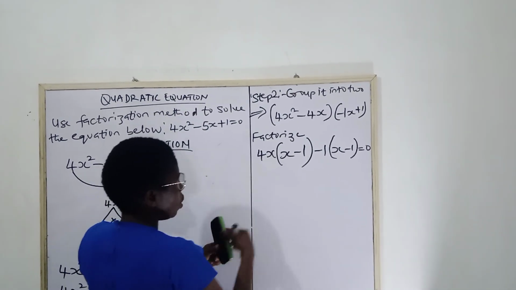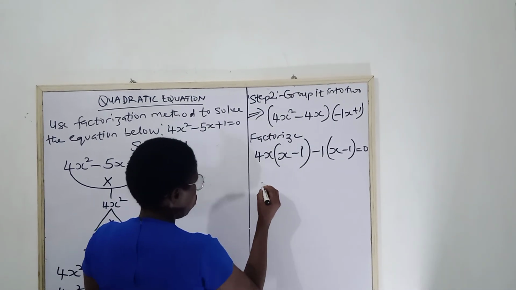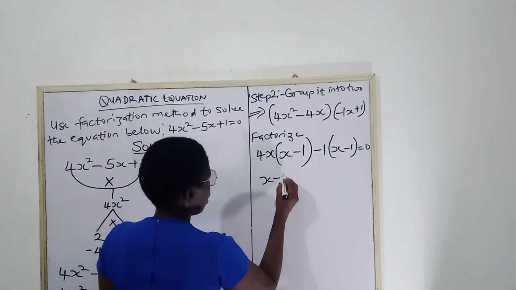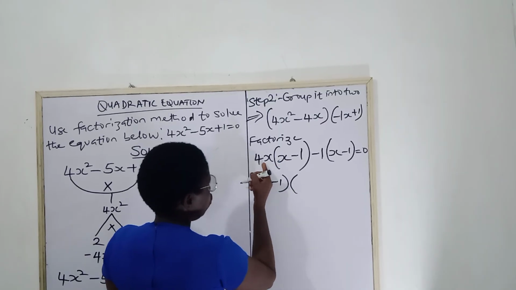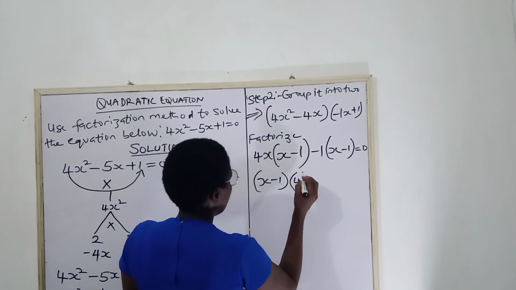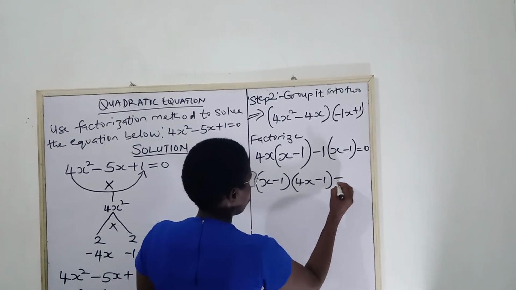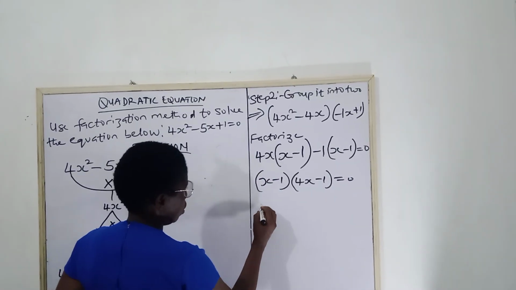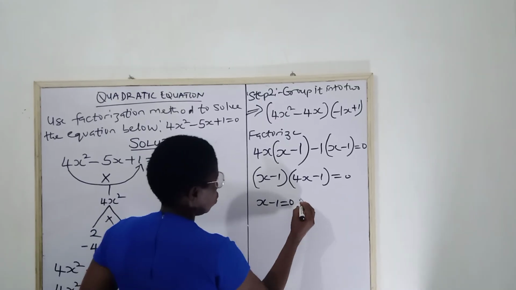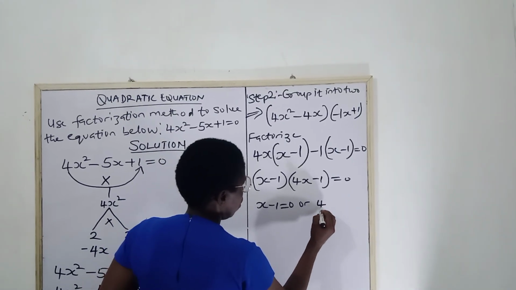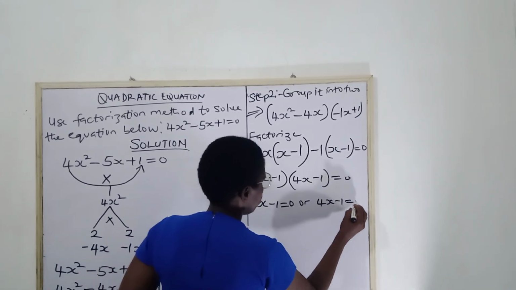The next thing to do now is to take out the common bracket. We have x minus 1 into 4x minus 1 is equal to 0. You can now say x minus 1 is equal to 0, or 4x minus 1 is equal to 0.